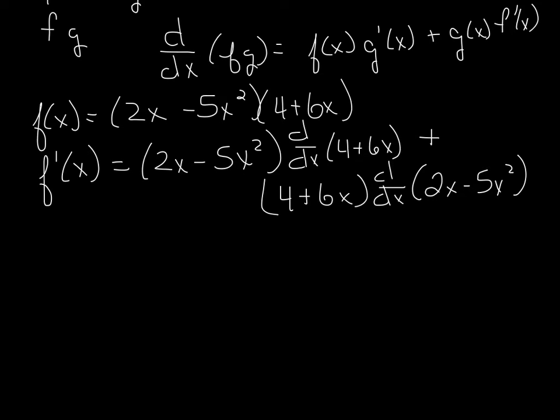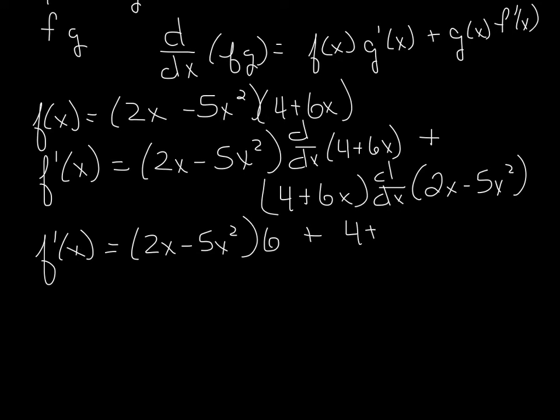Okay, so we have f prime of x equals 2x minus 5x squared, and the derivative of 4 plus 6x is just 6. Plus the second term, and the derivative of 2x minus 5x squared is 2 minus 10x. And now we can simplify. 12x minus 30x squared.